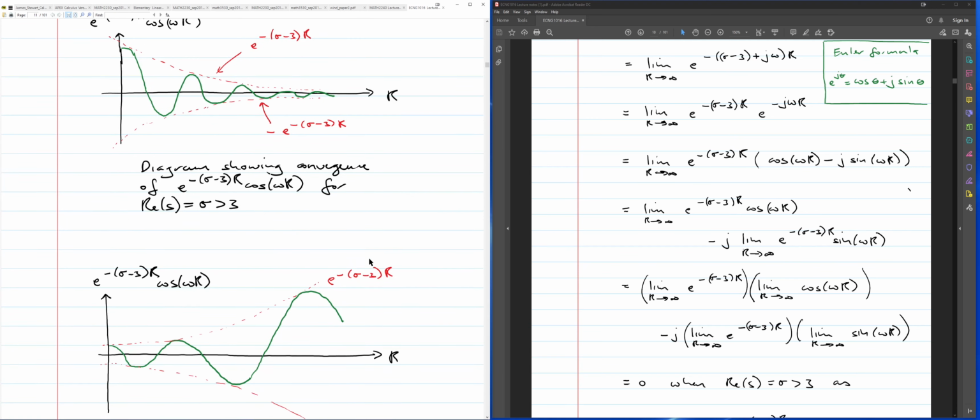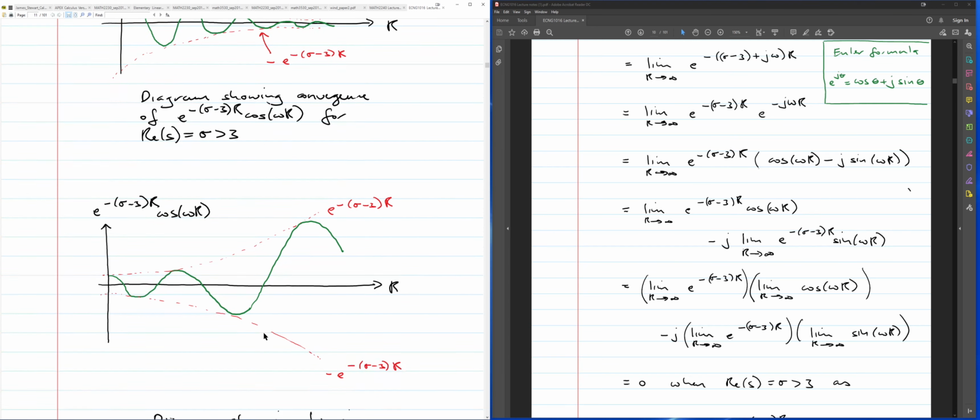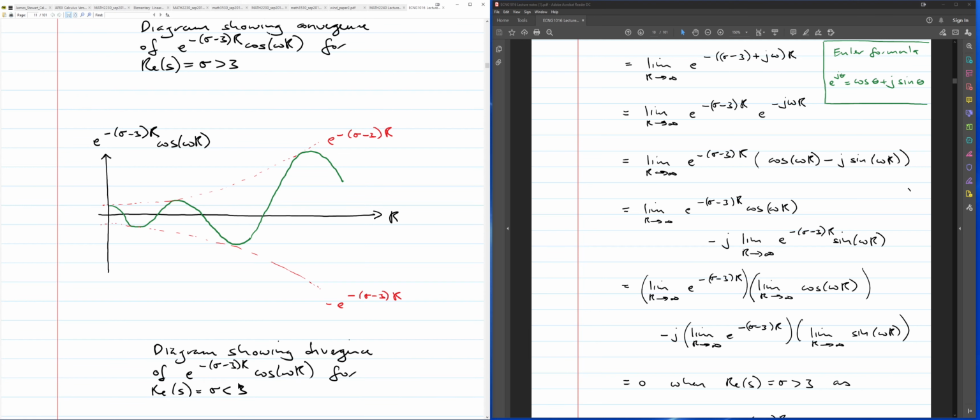In that case, when I have a sigma that is less than 3, such as when the sigma is equal to 1, I would have 1 minus 3, which is minus 2, and then minus minus 2, which would be plus 2.